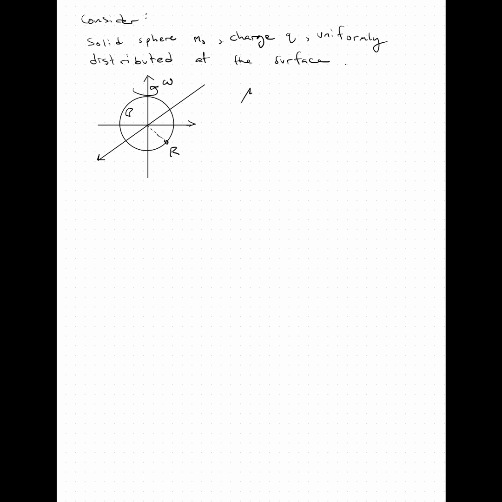And so we can write down the magnetic moment arising from this spinning charged sphere as q over 2m0 times L, where we can rewrite L as moment of inertia times omega, which is equal to, for a sphere, 2/5 m0 r squared omega.